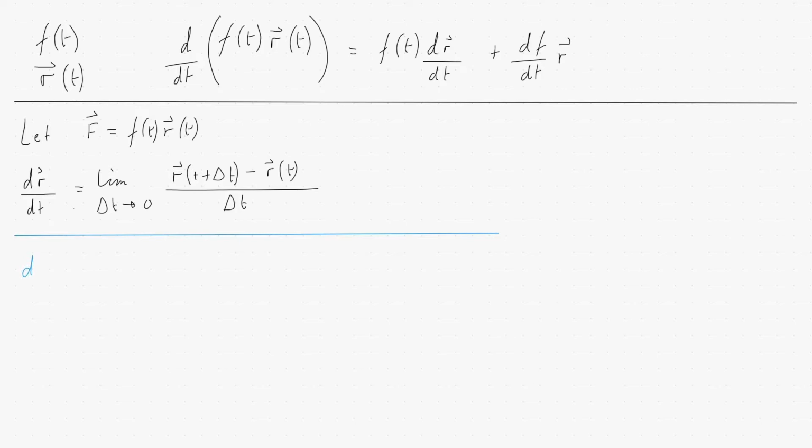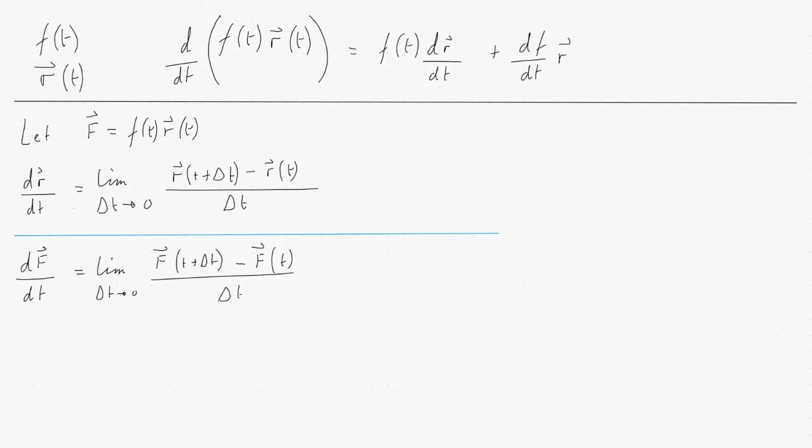So we'll have dF by dt equal to the limit as delta t goes to 0 of F at a time t plus delta t, a small change in the time, minus F at its original time t, once again all over delta t.